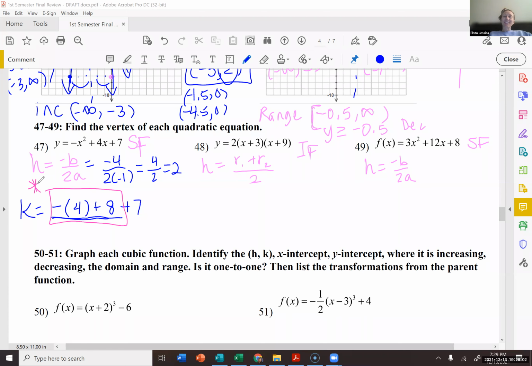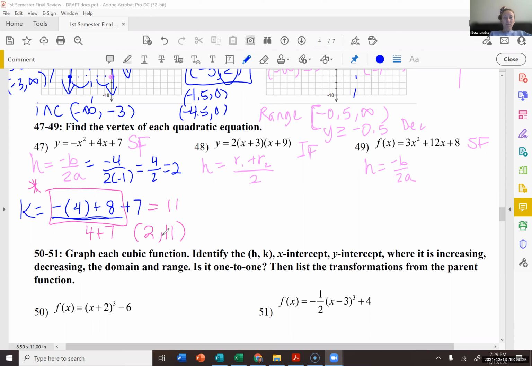Adding those together, you should have a positive and a negative. So I've got -4 plus 8, that's 4, plus 7, which is 11. So the vertex is 2, 11.